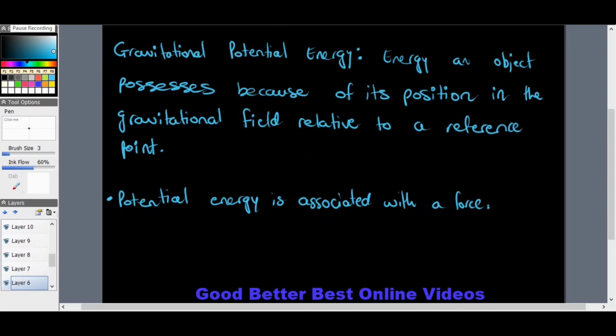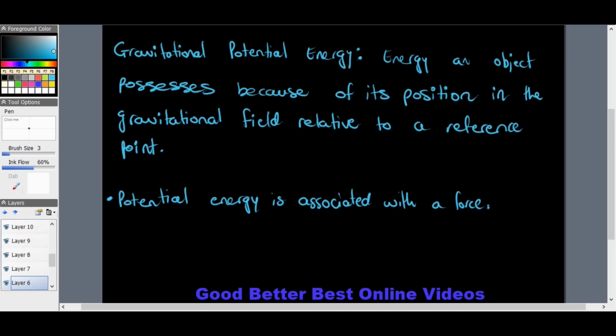Energy an object possesses because of its position in the gravitational field relative to a reference point is what is known as potential energy or gravitational potential energy. And potential energy, of course, is associated with a force.